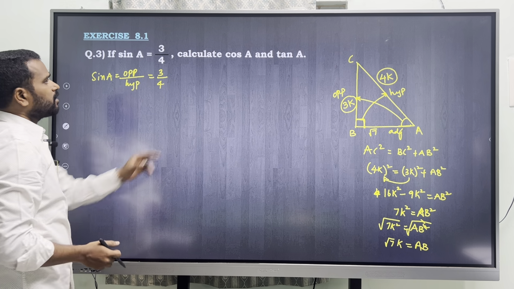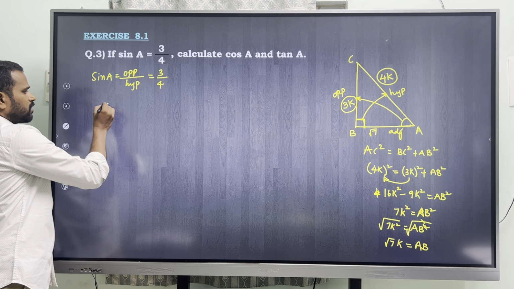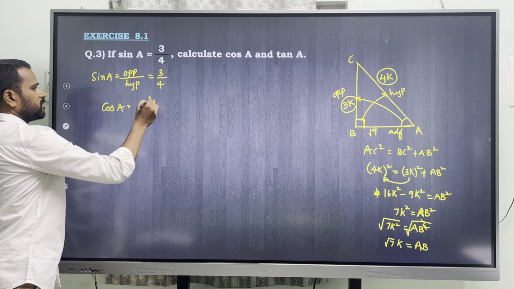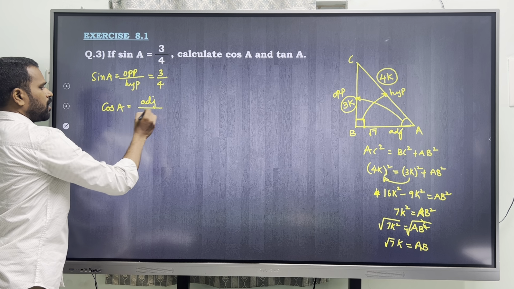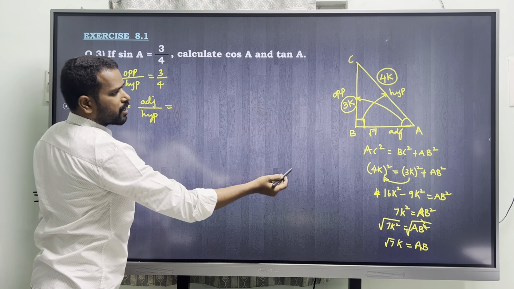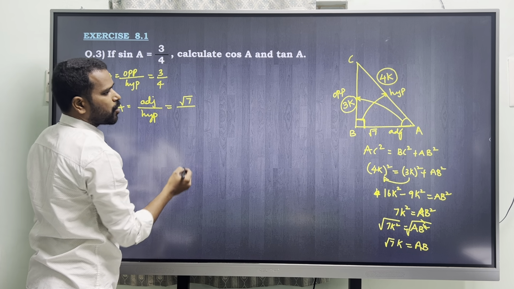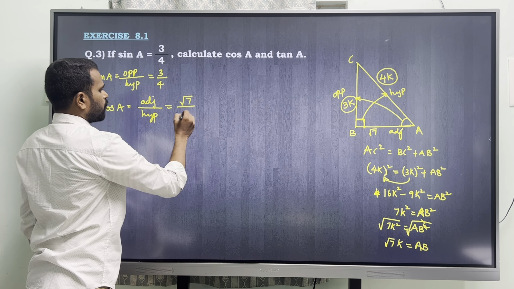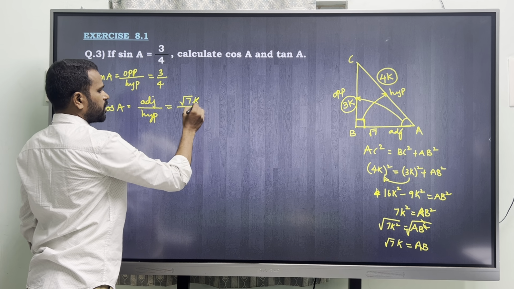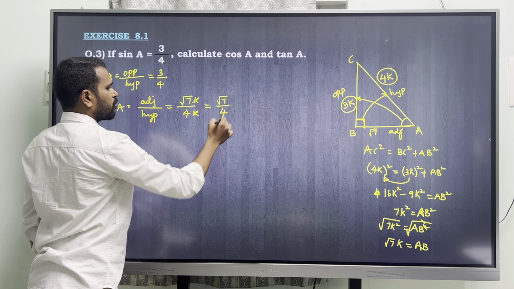Now calculate the other trigonometric ratios, cos A and tan A. What is the definition of cos A? Cos A is adjacent side upon hypotenuse, which is root 7k upon 4k. The k cancels in the ratio, so root 7 by 4.